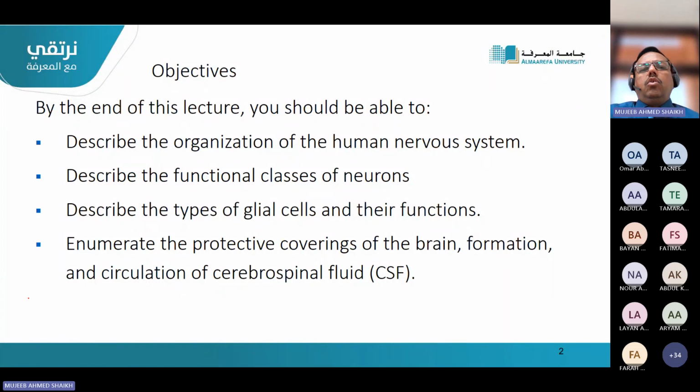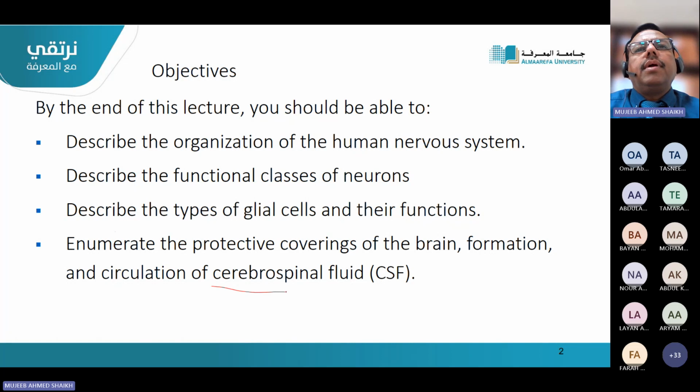Then you know the nervous system is a very important organ or system. It has to be protected. So we have to discuss some special issues related to the protection of the nervous system, like the covering of the brain, like the covering of the spinal cord, and not only the physical covering, but there is something called cerebrospinal fluid, CSF.